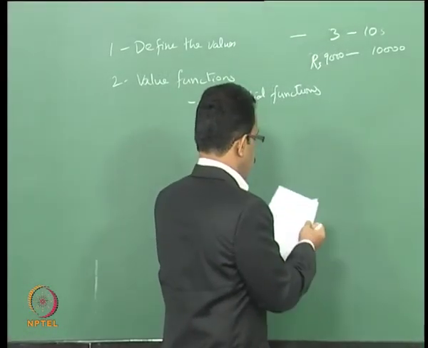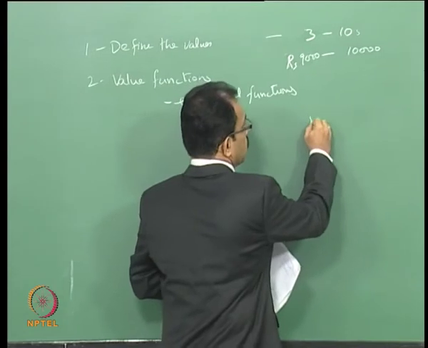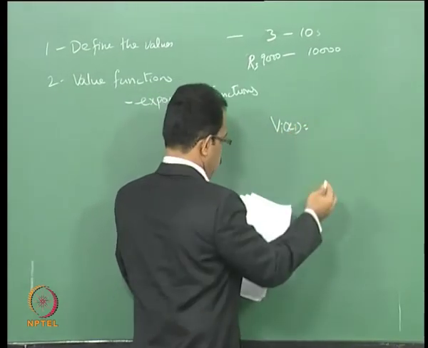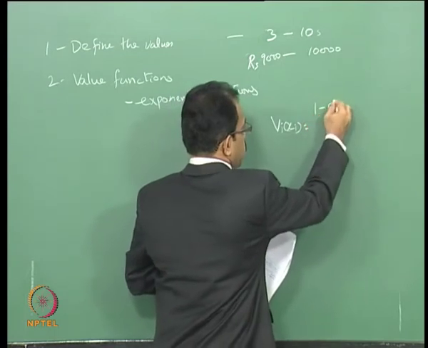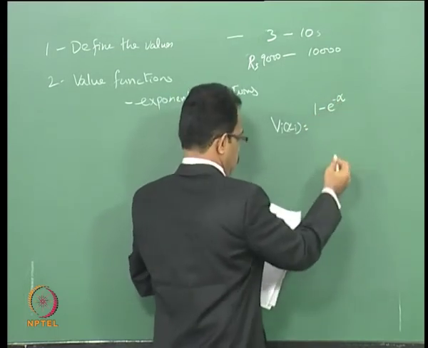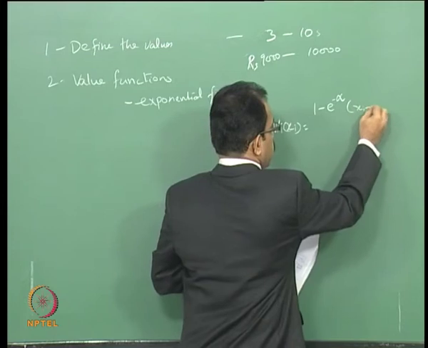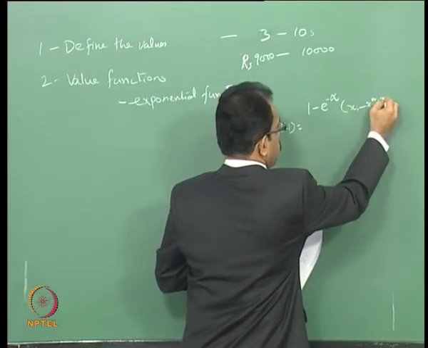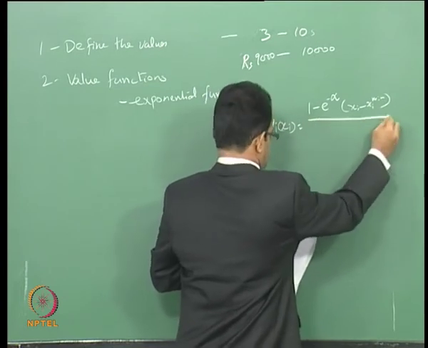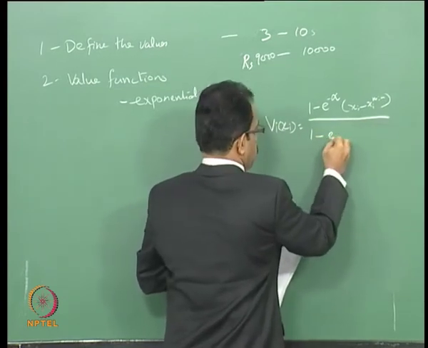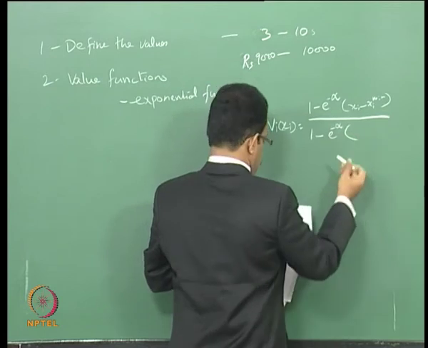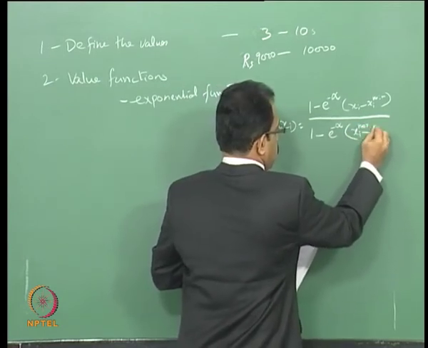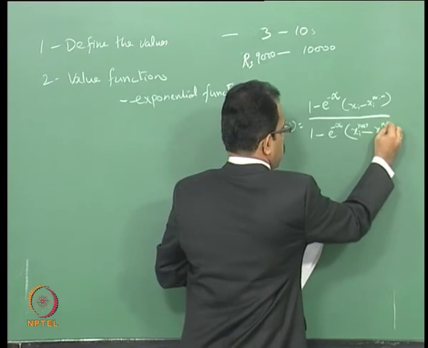Vi(xi) is given as 1 minus e to the power of minus alpha times (xi minus xi minimum), divided by 1 minus e to the power of minus alpha times (xi max minus xi minimum).